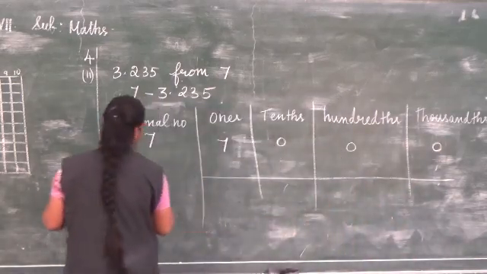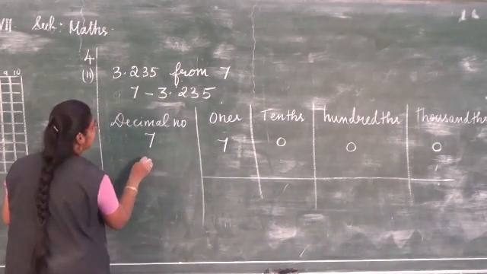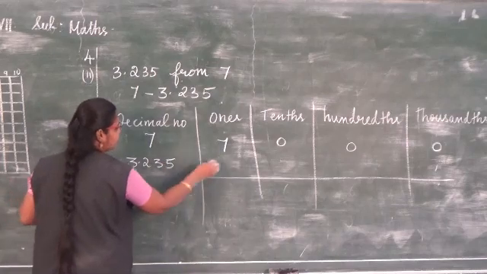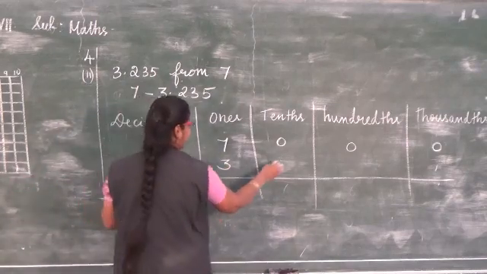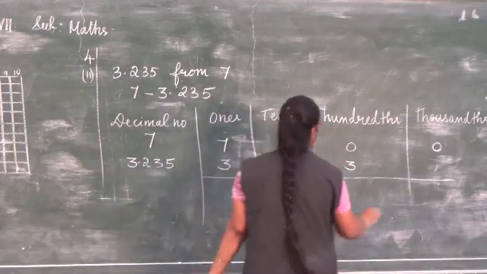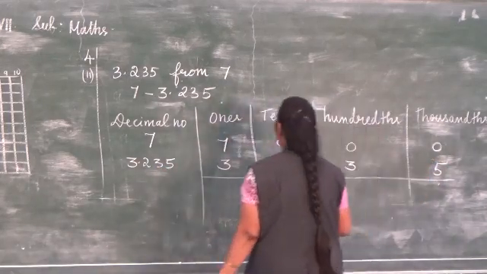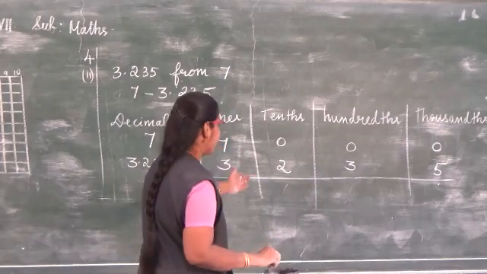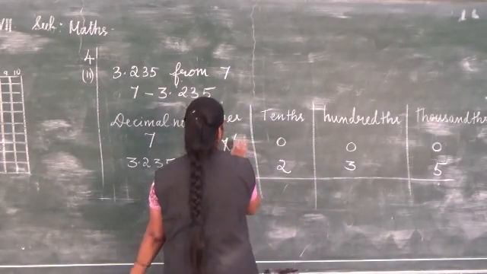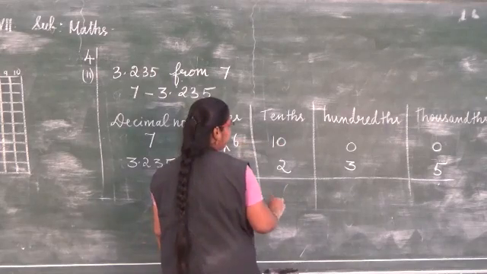So then they have given second one is 3.235. So 3, the tenths place 2, then hundredths place 3, thousandths place 5. So now we are going to subtract these two things. So we have to borrow from here. Here it will become 6. Here it will become 10.